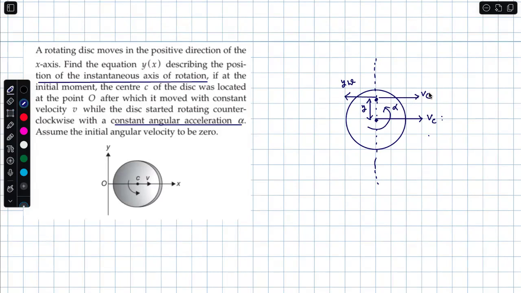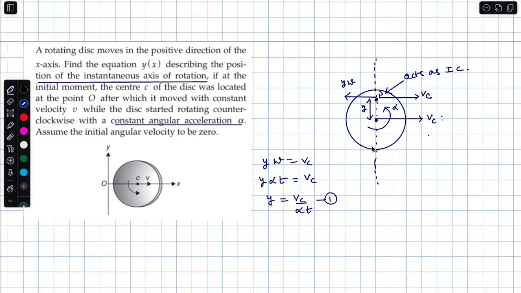Why am I writing y omega is equal to Vc? That is the condition for IC. At that instant, the point P acts as IC. So y omega is Vc, y alpha t is Vc, y is Vc by alpha t, equation 1.